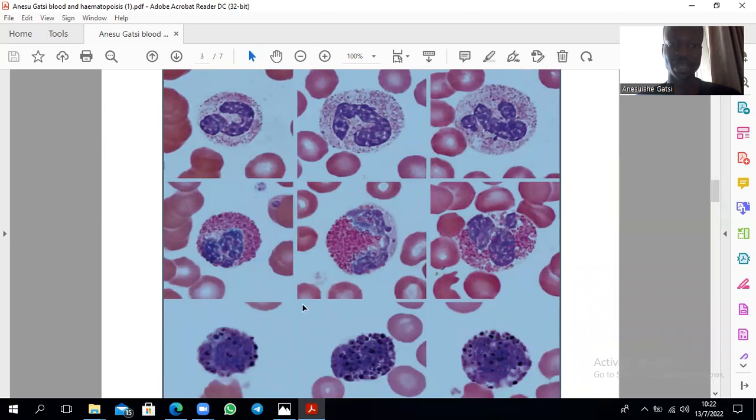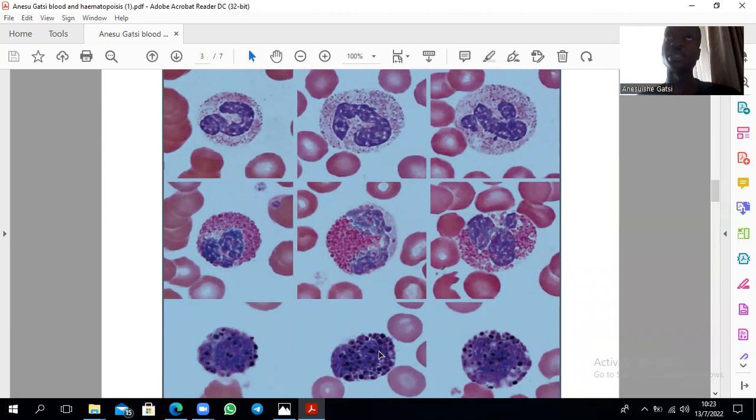Right. If you look at the neutrophils, you look at the nucleus. Remember, they have a nucleus which can be considered to be trilobed. These neutrophils, the eosinophils and the basophils, are considered granulocytes because on top of having the azurophilic granules, they also have specific granules.